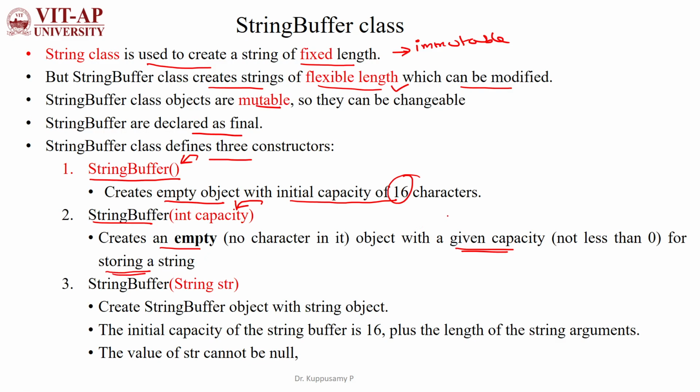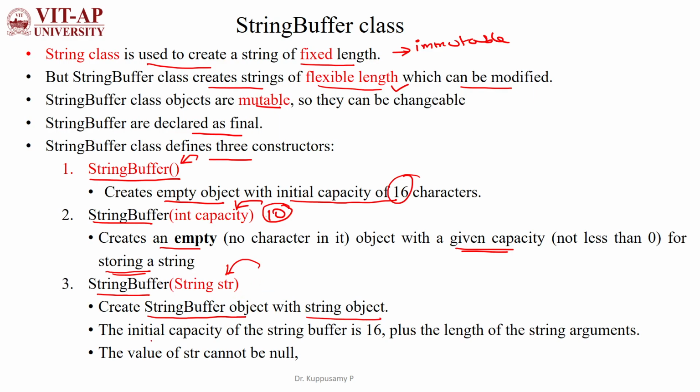For example, if you give the capacity as 10, then 10 memory locations will be allotted to that object. Then the third one is StringBuffer where we pass a string as an argument. It creates the StringBuffer object from a string object.